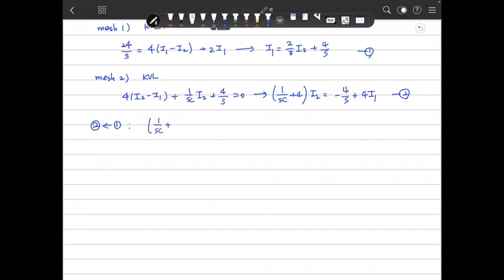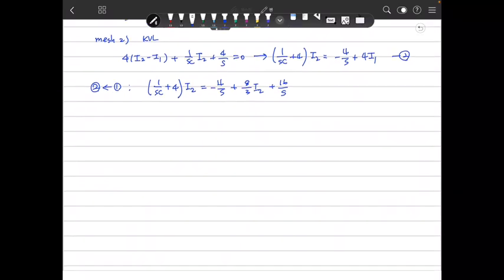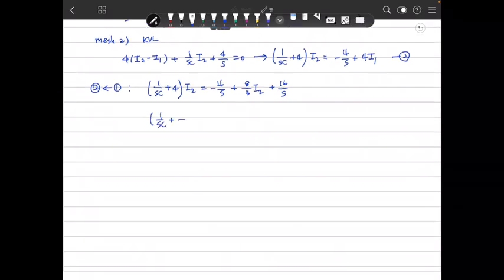Then the result is 1 over SC plus 4 times I2 equals minus 4 over S plus 8 over 3 I2 plus 16 over S. So 1 over SC plus 4 over S, we do this, then 12 over S. Therefore I2 is 9 over S plus 3 over 4C.